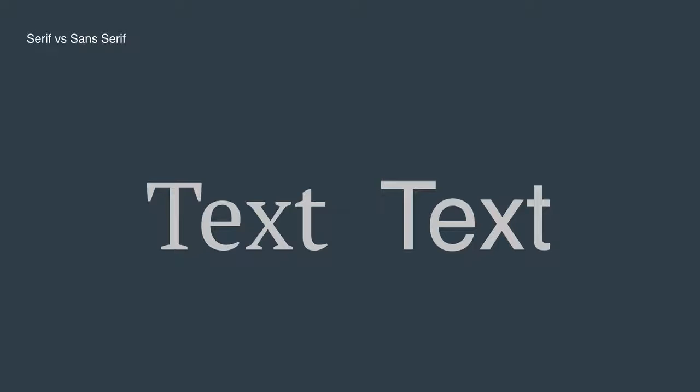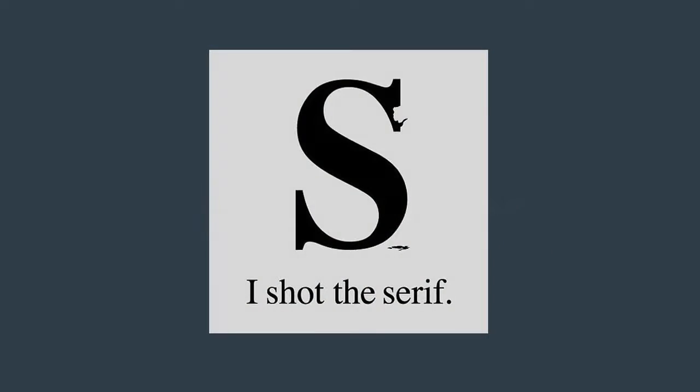The serif typefaces have the little strokes at the ends of the lines, and the sans serif typefaces do not. And if you break that down, what does sans mean after all? French for without. Oops, I shot the serif. But it's okay because you can still read it.